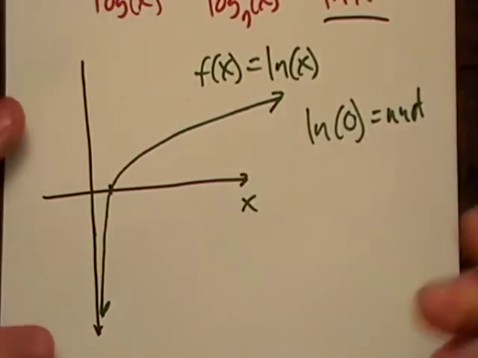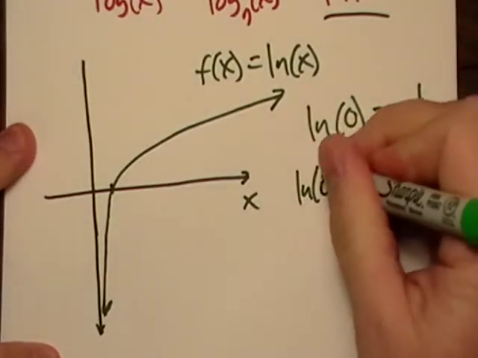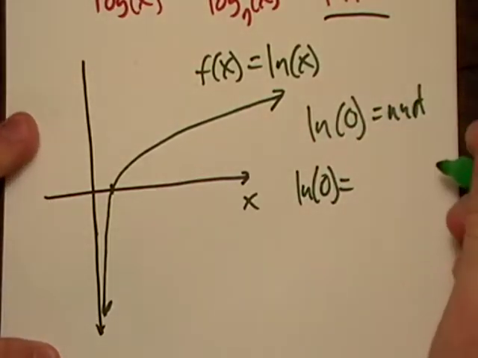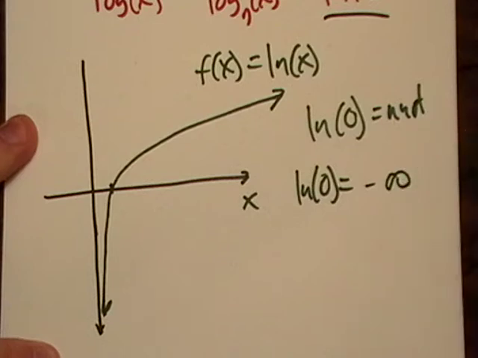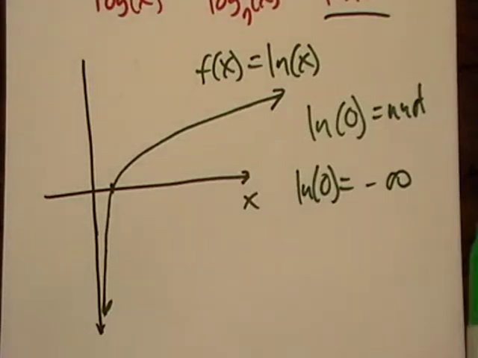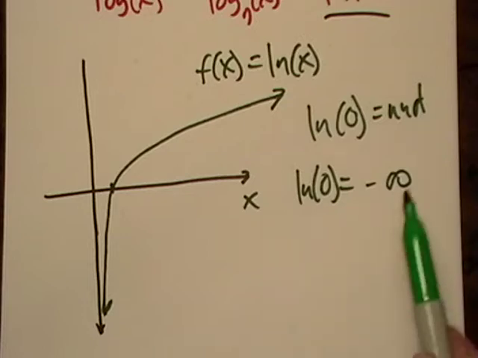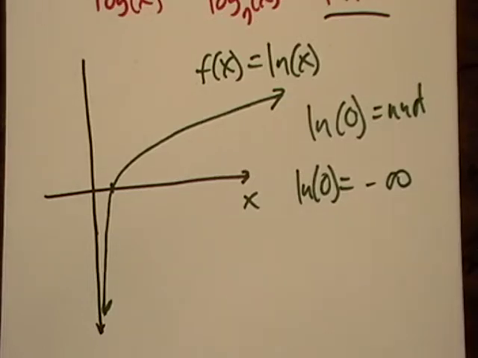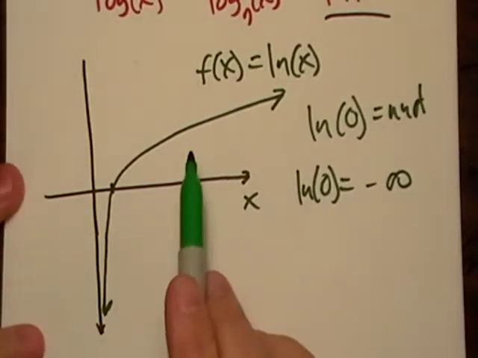So you could hypothetically say that natural log of 0 goes to infinity, but since it's not a real number, and I wanted to make this video short and sweet, I'm not going to go into infinity, because it's pretty complicated. But you can see what's going on.